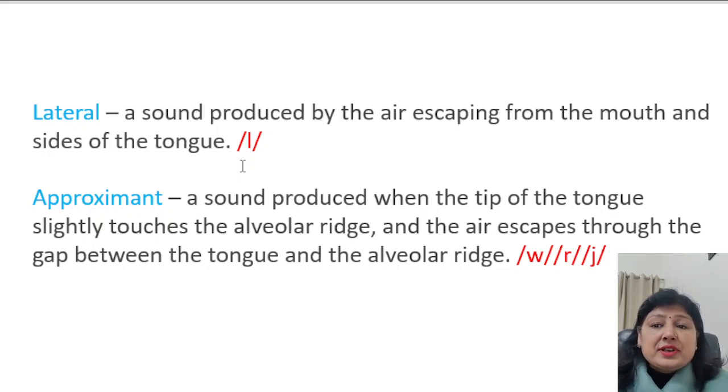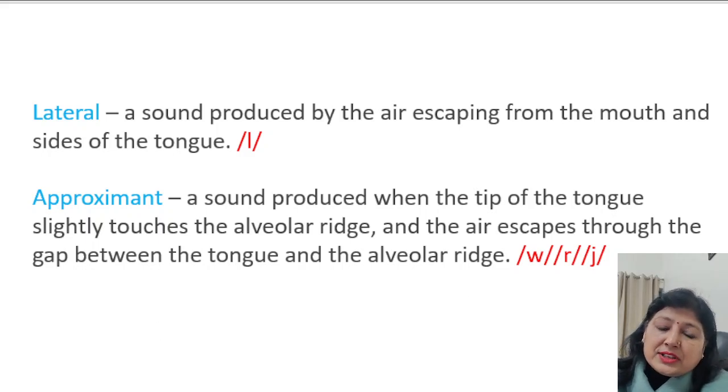The next one is approximants. An approximant is a sound produced when the tip of the tongue slightly approaches the alveolar ridge and the air escapes through the gap between the tongue and the alveolar ridge, as is the case of w as in when, r, yes.